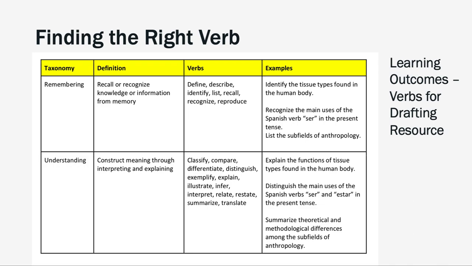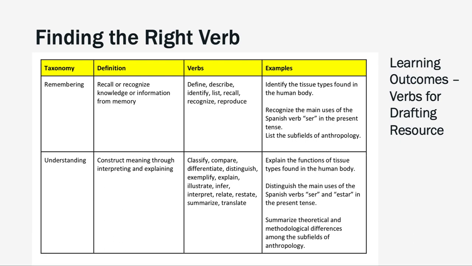I always emphasize finding the right verb because it can go a long way in describing the nature of learning. Accompanying this video is a resource titled Learning Outcomes Verbs for Drafting. This resource organizes a huge amount of action verbs, all based on various levels or taxonomies of learning. This can be a great resource in finding the perfect verb to describe the targeted learning.